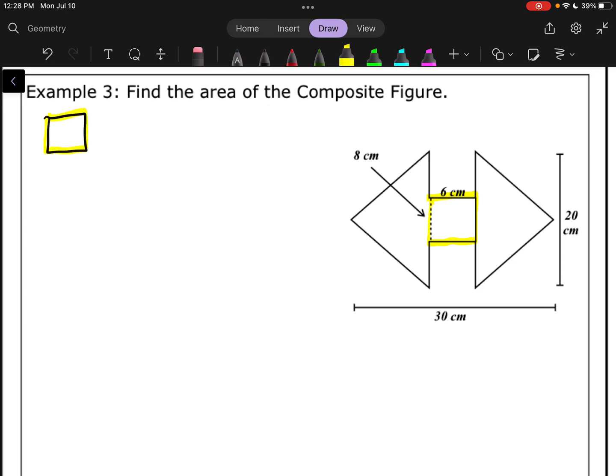Now for rectangles or squares, any sort of parallelogram, our formula is just BH, base times height. And this looks like it's going to be 8 times 6, which is 48. So good start. Now let's find one of our triangles.